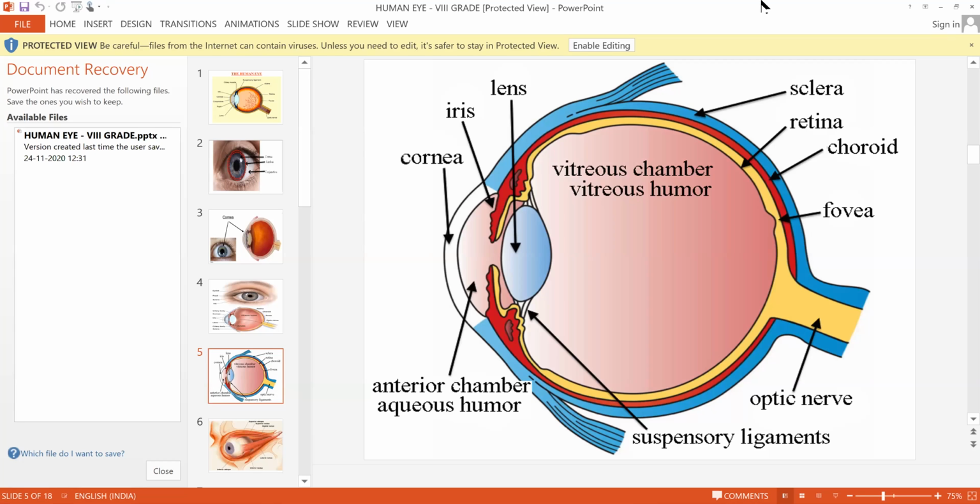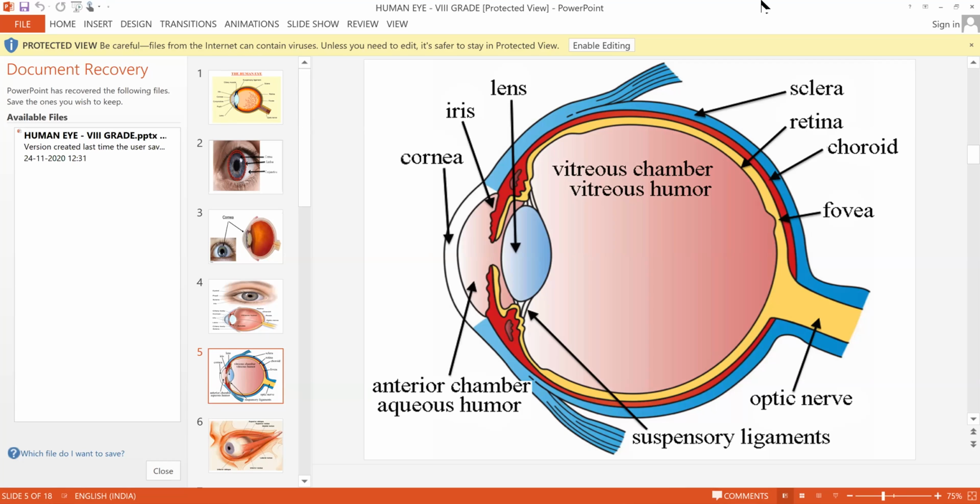So whatever the reflections are there, reflection of the images because of reflection of light, thus it is prevented. This choroid helps in preventing that. So that is the functions of the choroid. Two simple functions of choroid: it has a network of blood vessels.